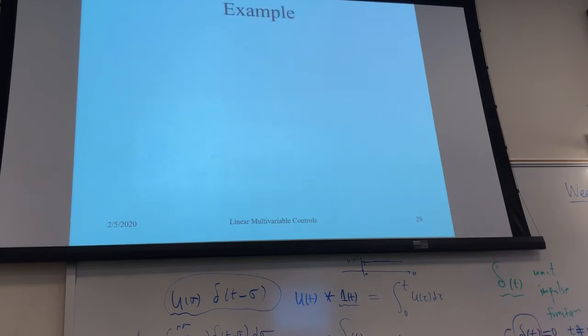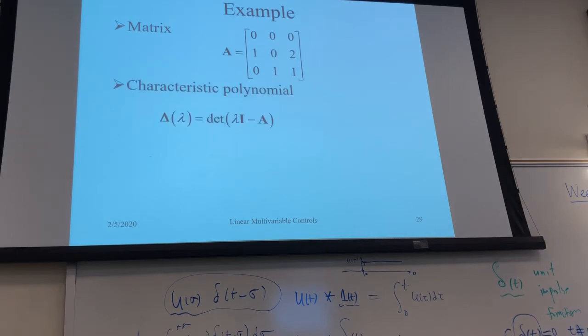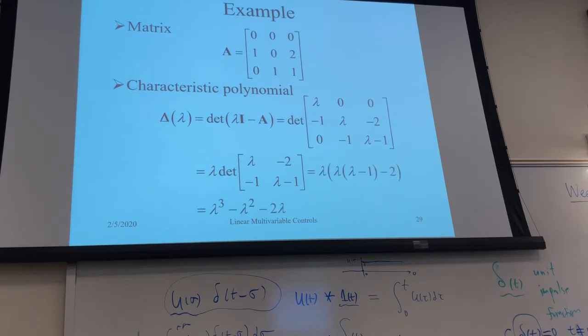Let me give you an example. You have a 3 by 3 matrix with rank 2, with zeros in there. For the characteristic polynomial, we take the determinant of lambda I minus A, and you end up with lambda times this, giving a polynomial like this.